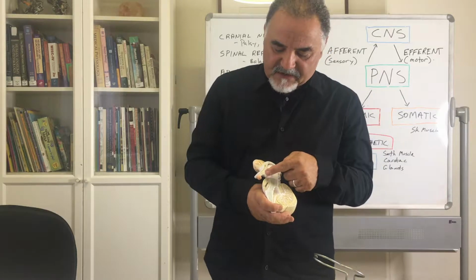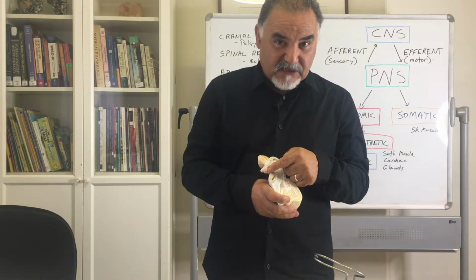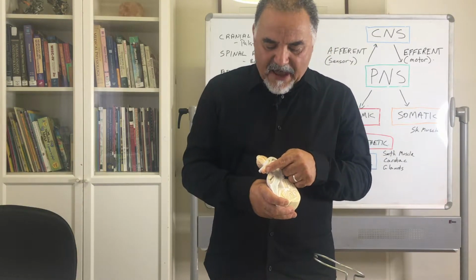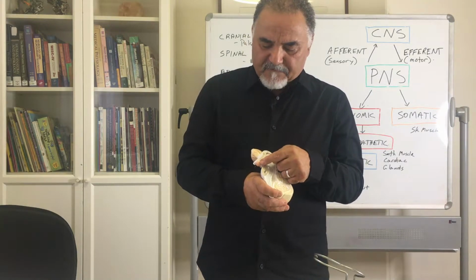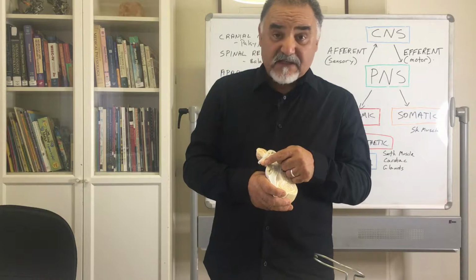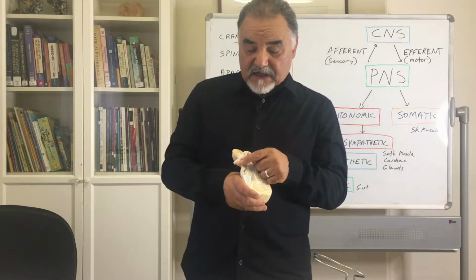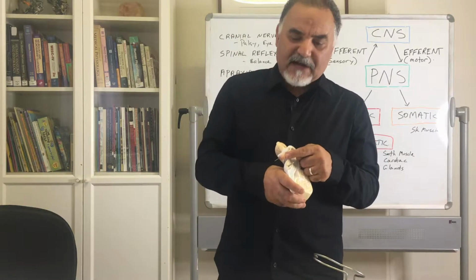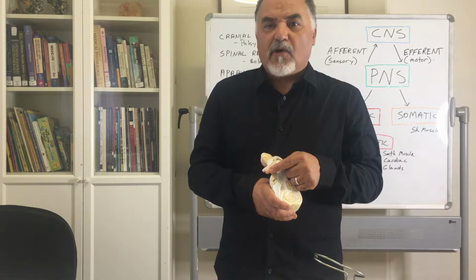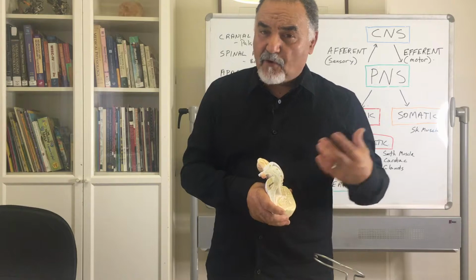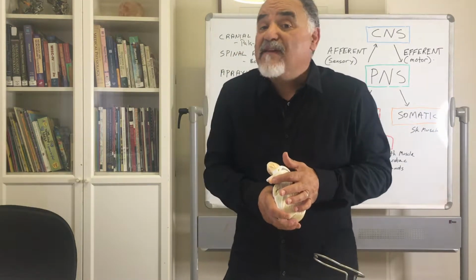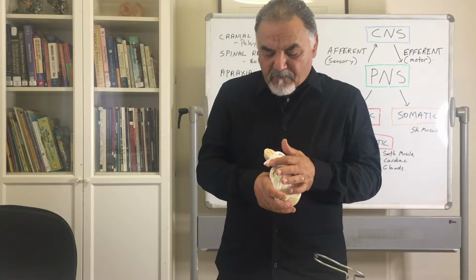Underneath the hypothalamus is this little structure here called the pituitary gland. We grew up in high school learning that the pituitary gland is the master gland. The pituitary gland releases hormones. Its major function is to control the hormonal system, which is the other great communicating system of the body.